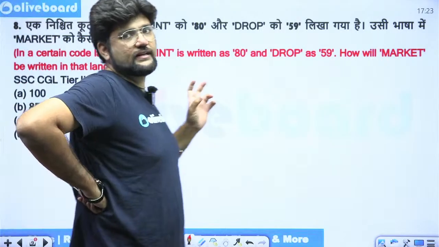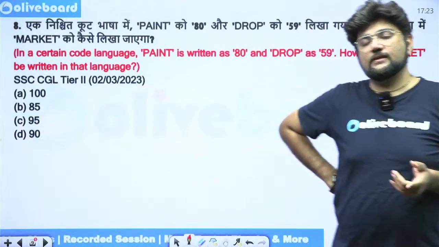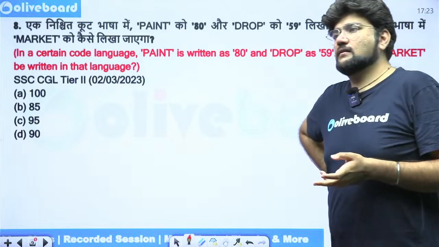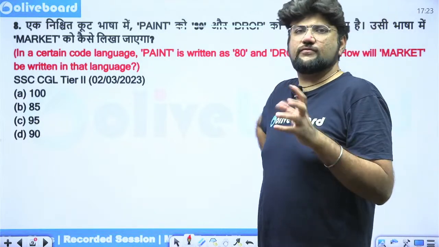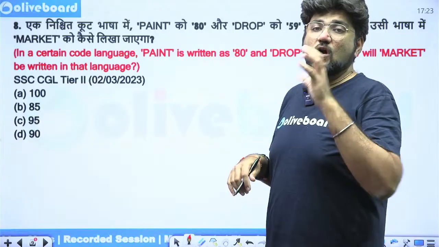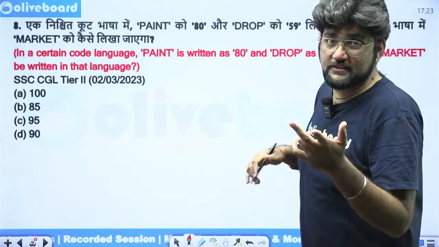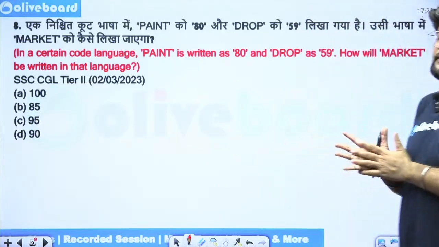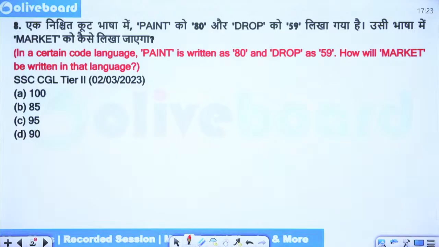First, you will try to take the sum of the place values, then the sum of reverse place values, right? Then probably the difference of vowels and consonants separately, or even place and odd places, double digits and single digits, something of that sort, right? So that's how you will one by one check the option.